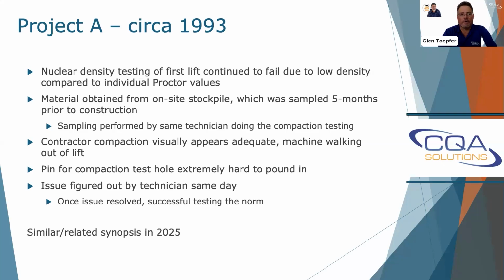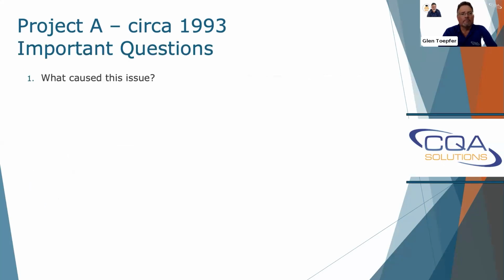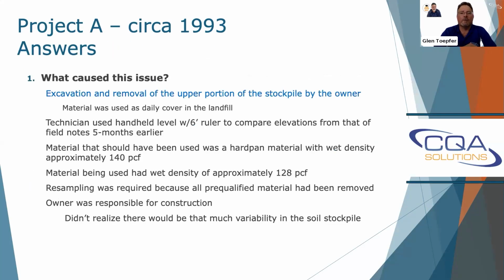So I used a hand level with a hand rule, and started checking the elevation. And sure enough, I figured out that the top part of the stockpile, basically everything we had sampled, was gone. And the surveyors were out there a day later and they confirmed that.